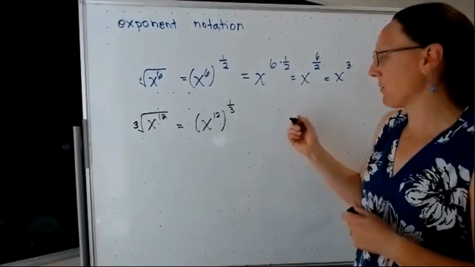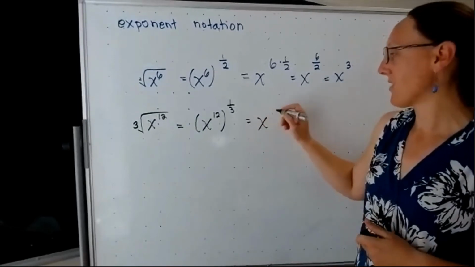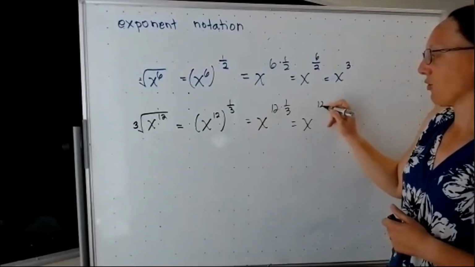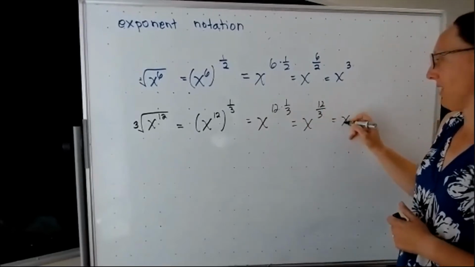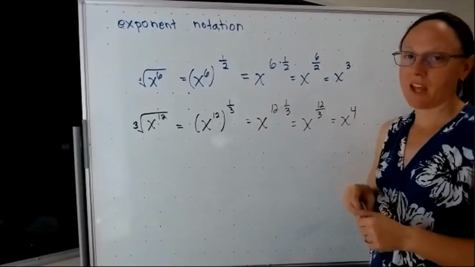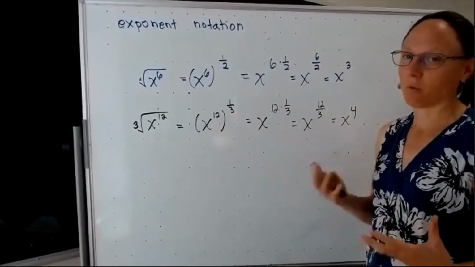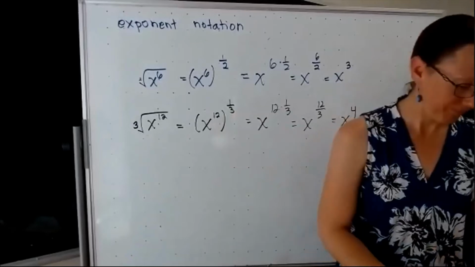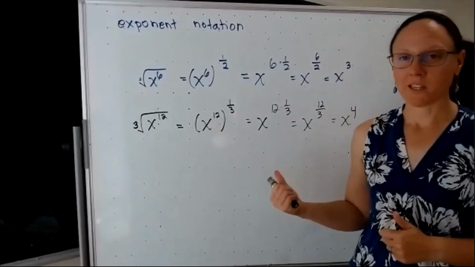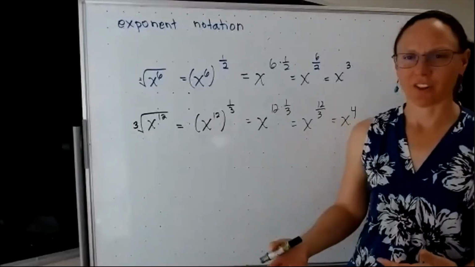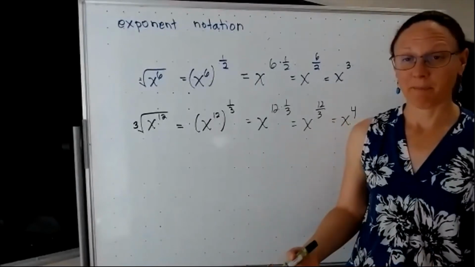So this is the same as saying x to the 12 times 1/3, or x to the 12 divided by 3, or x to the 4th. I happen personally to think that this is easier to understand when we're talking about variables.